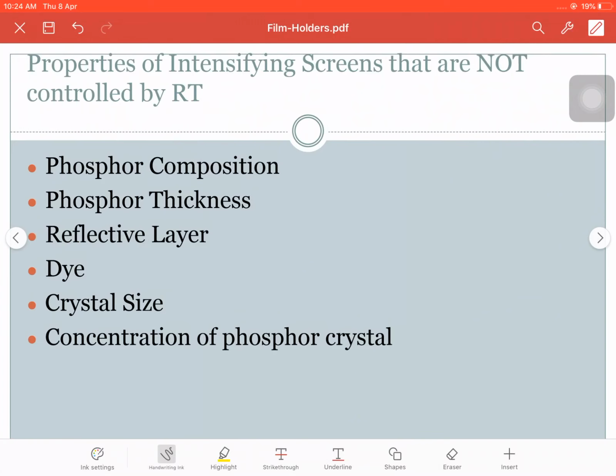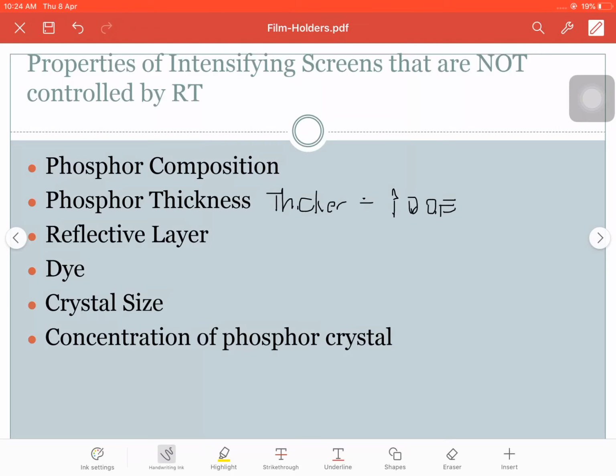So for phosphor thickness, the thicker the phosphor layer, the higher the detective quantum efficiency.